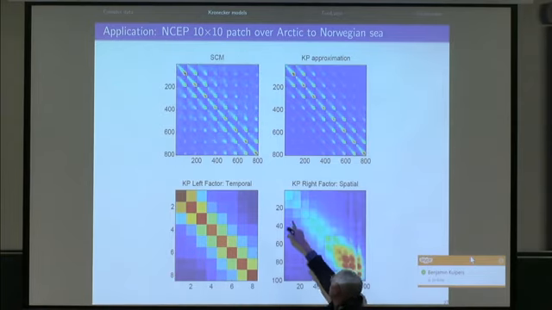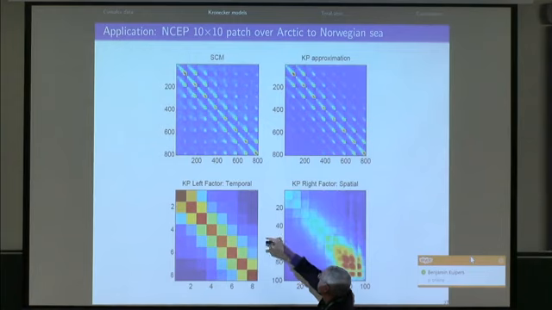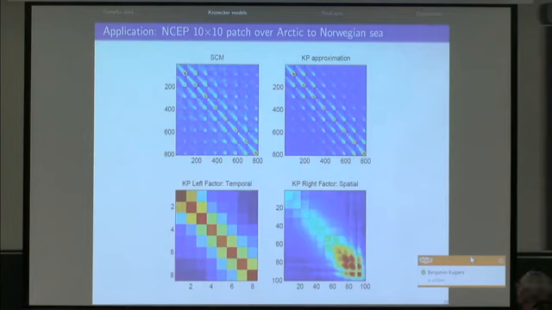Those are spatial blocks, and each block corresponds to a temporal correlation coefficient times that block under the Kronecker model. And you can see that if you apply this Kronecker product approximation, this is the maximum likelihood estimate, you very closely approximate the standard covariance matrix.